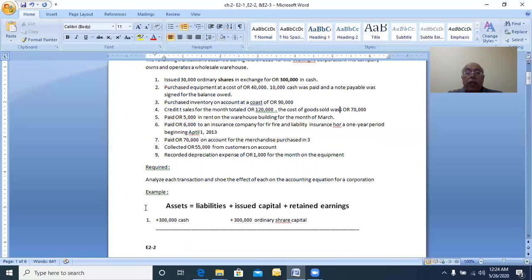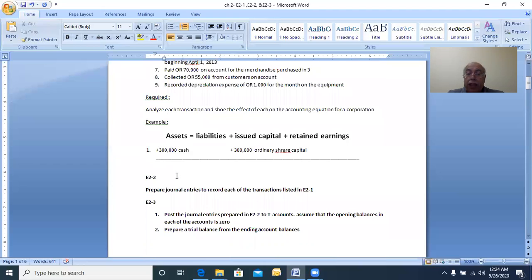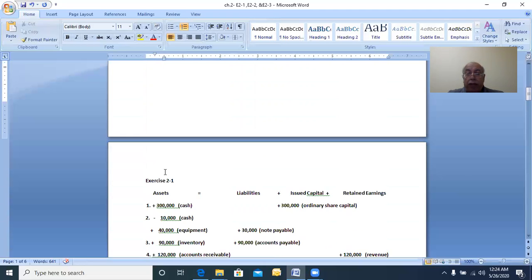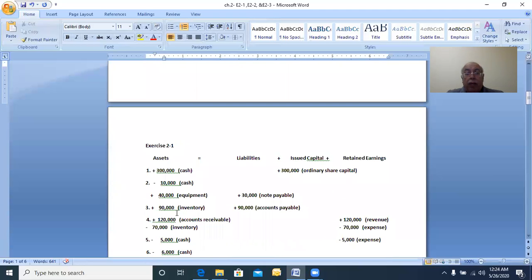What is the first one? The company sold some of its merchandise for 120,000. That means we have the first account, accounts receivable, as a current asset. This amount we will receive later.